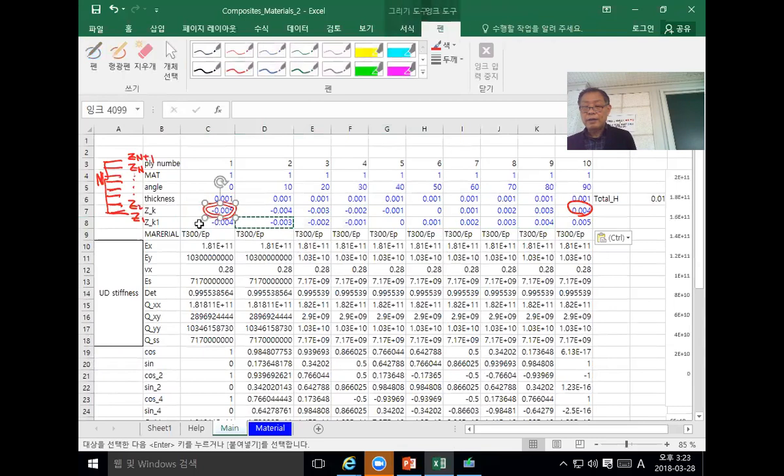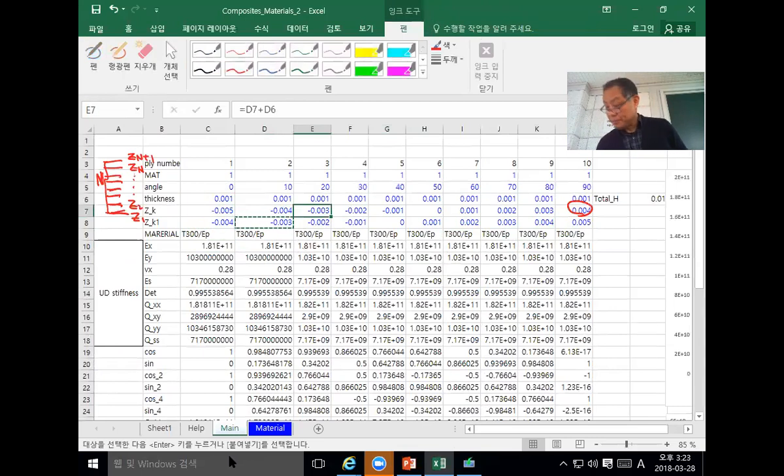See, it's nothing special. From the bottom, 1 ply up, and the same, 1 ply up. At the first ply you have a Z plus 1, but at the second ply it will be Z1.